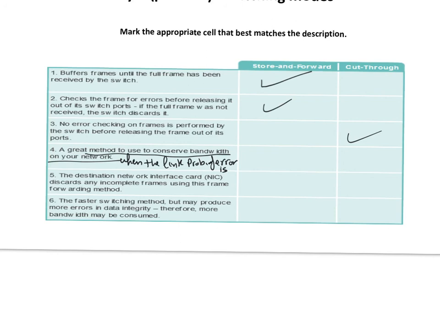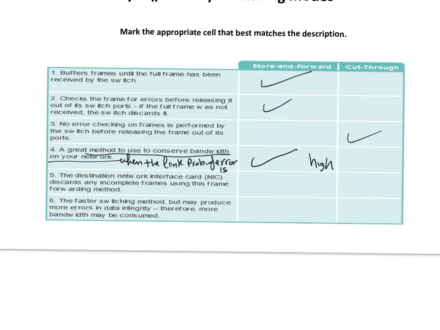So in that case, it is better to check for errors so that you don't waste the bandwidth and forward frames in error. Right? So when the link probability of error is high, it's better to check for errors.